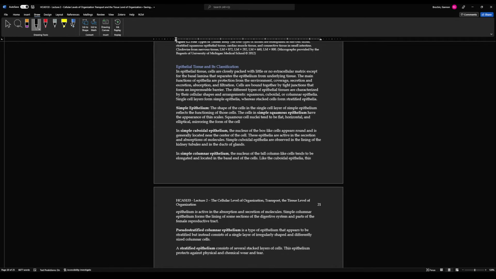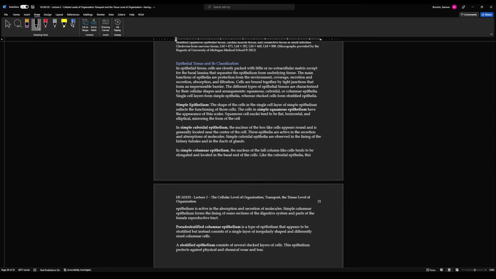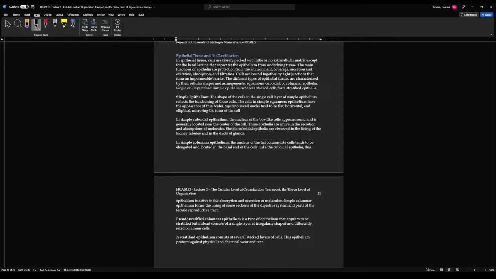So, first thing to talk about is squamous epithelia. The squamous epithelia, they're flat, all right? They're very flat. There's not much more to them than that. Squamous epithelium is a big part of our skin. Then we have cuboidal epithelium.